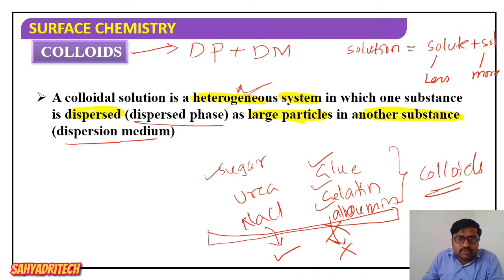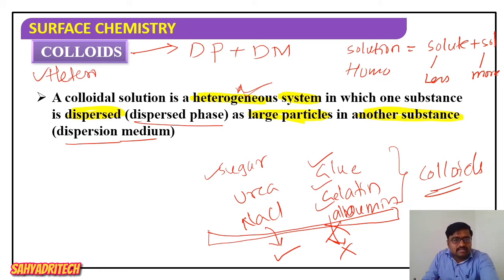A solution is homogeneous, but a colloid is a heterogeneous system in which one substance is dispersed as a large particle in another substance.